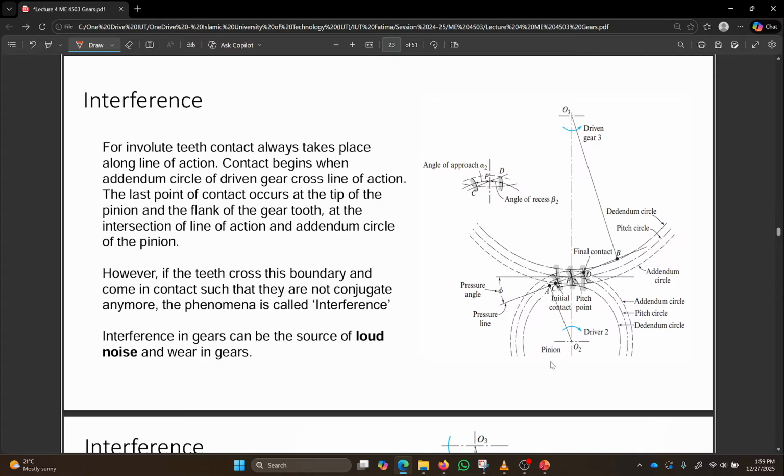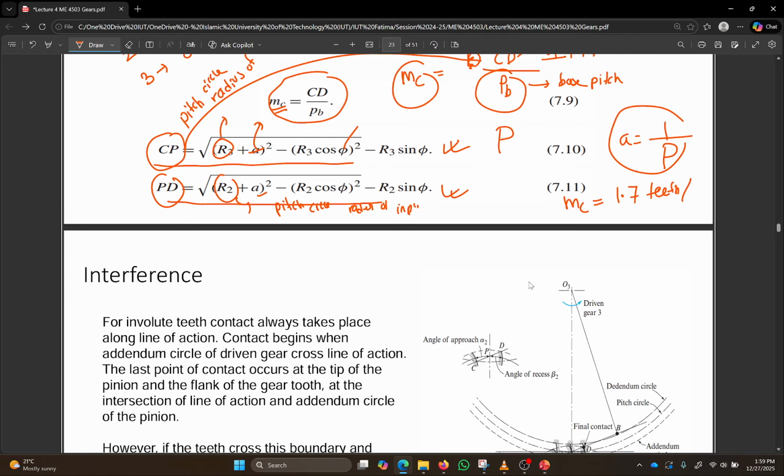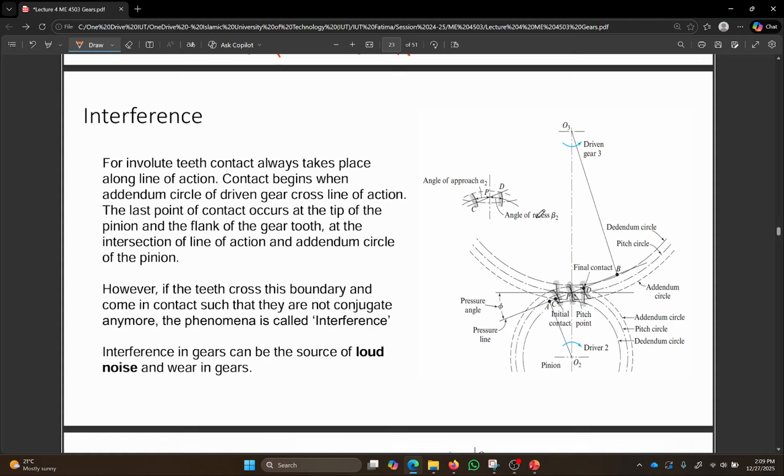So that's mostly the parameters you need to know to design a gear. Now let's go for some common problems that you can encounter while dealing with gears. Whenever two gears mesh, a very frequent problem that occurs is called interference.